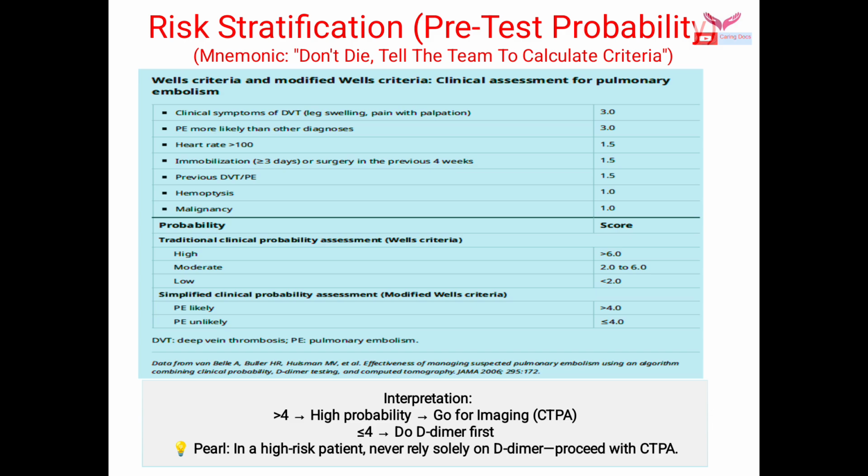So whenever we get the score of more than 4, then there is high probability of pulmonary embolism. We should always go for imaging, that is CT pulmonary angiography. If the score is 4 or less than 4, we should first do the D-dimer test, and if it comes positive, then we should proceed with CT pulmonary angiography.